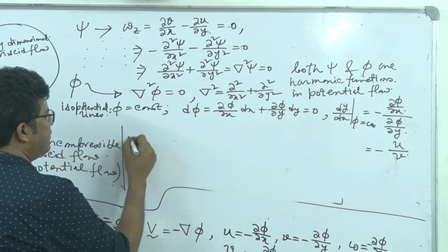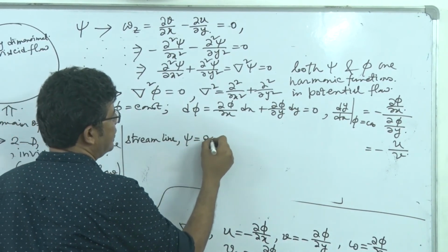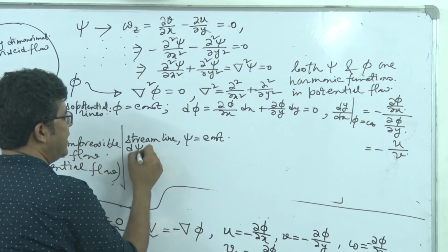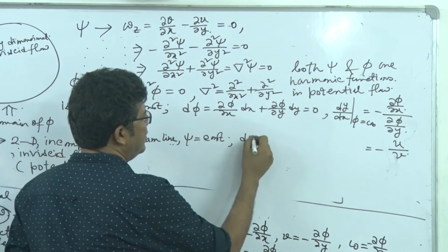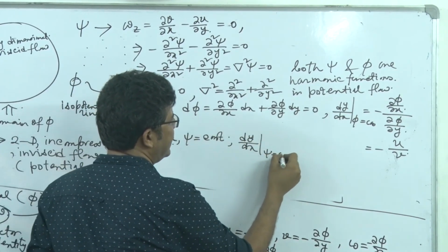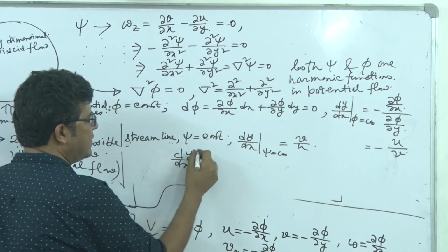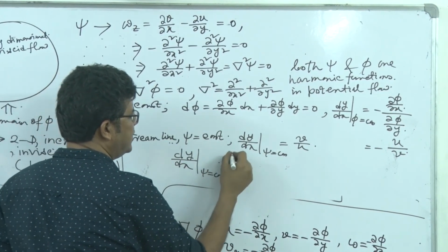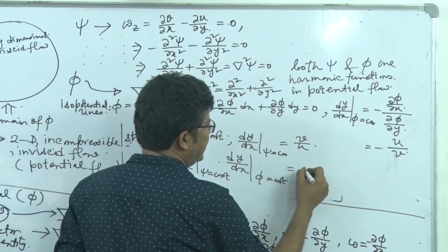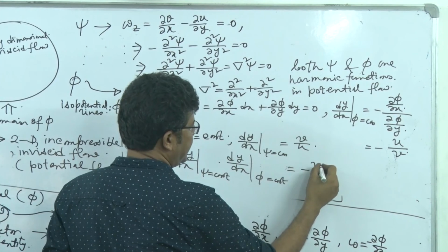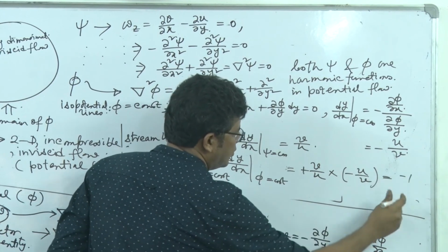So next is the streamline, where xi is constant. So d xi equals del xi del x dx plus del xi del y dy, or originally we know that dy dx at xi constant has got a slope of v by u. So what we obtained is dy dx at xi constant into dy dx at phi constant, that's equal to v by u into minus of u by v, which is equal to minus 1.